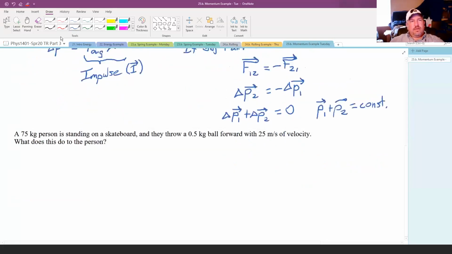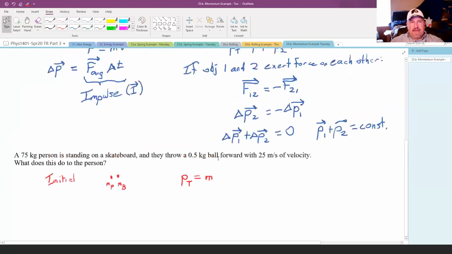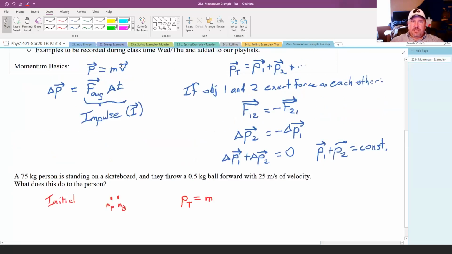So initially, we have M person and M ball, and P total is equal to, we should take mass times velocity for each individual object and add them together.